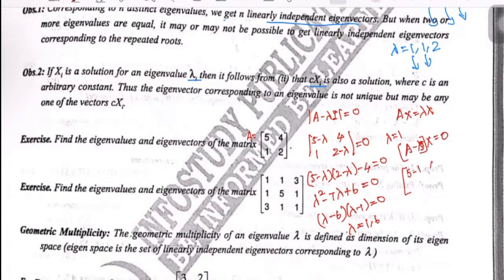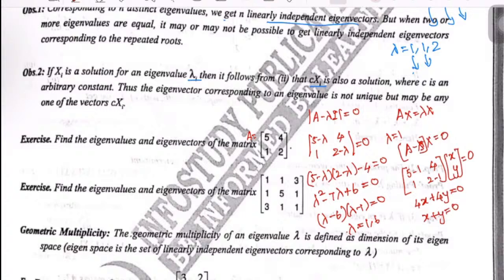So 5 minus 1, 4, 1, 2 minus 1, into x. X is nothing but, let us take x comma y. Since it is a 2 by 2 matrix, we have chosen a 2 by 1 vector. So 5 minus 1 gives 4x plus 4y is equal to 0, x plus y is equal to 0.